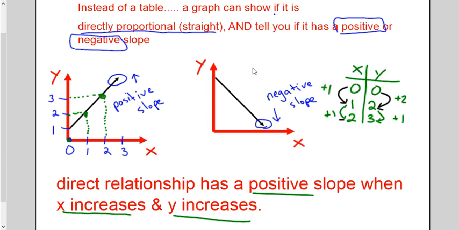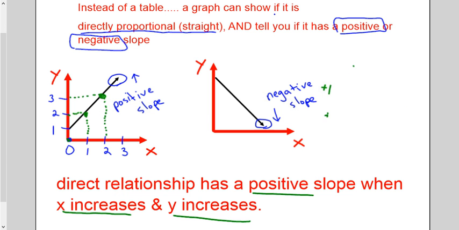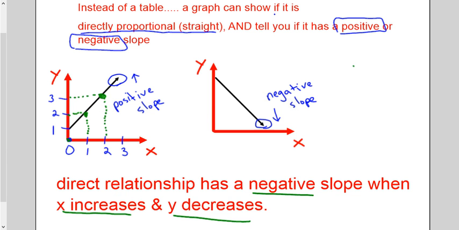Now, when we look over here at the negative slope side, you're going to see the exact same thing happening. With the negative slope, as the x value increases, the y decreases. So let's call this one 0 for x. Let's call this one 1 and 2, and that'll be good enough.